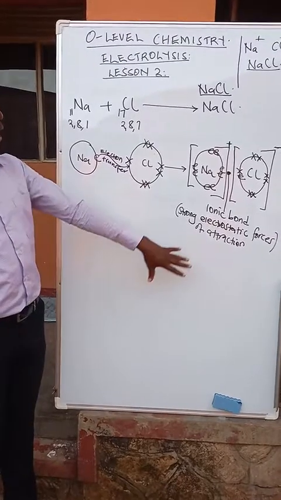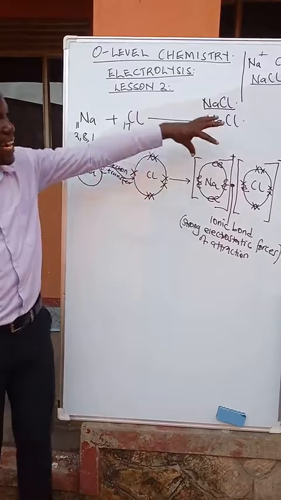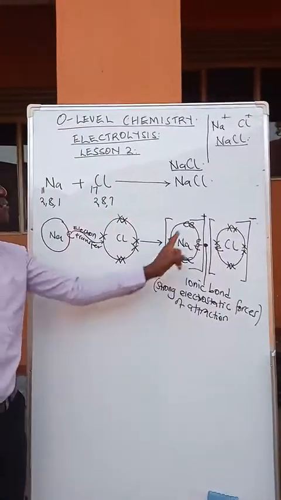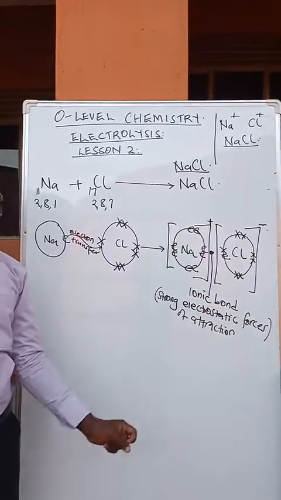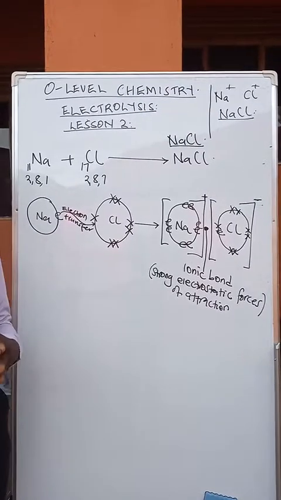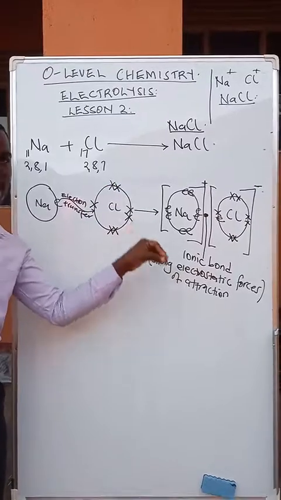So now we are going to continue from here. I hope you have clearly seen that in this formed ionic compound of sodium chloride, we have the sodium ion and the chloride ion. In our lesson 4, we are going to start from this point. You have seen how these ions are generated.